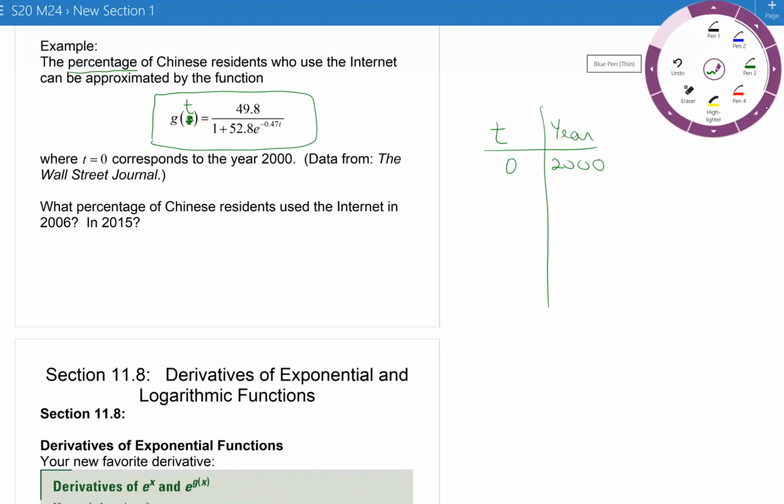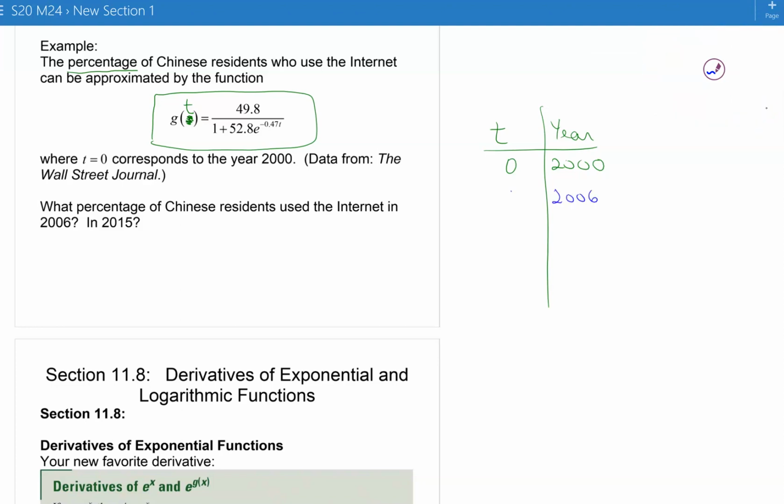And we're being asked what percentage of Chinese residents used the internet in 2006? Well, that's going to be when t is 6. So we want g of 6. So we're going to have 49.8 over 1 plus 52.8 e to the negative 0.47 times t, which is 6. So let's do that on the calculator.